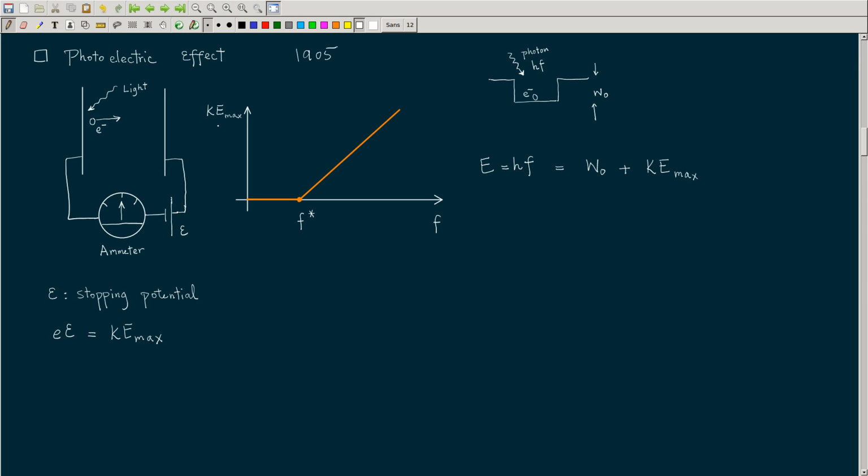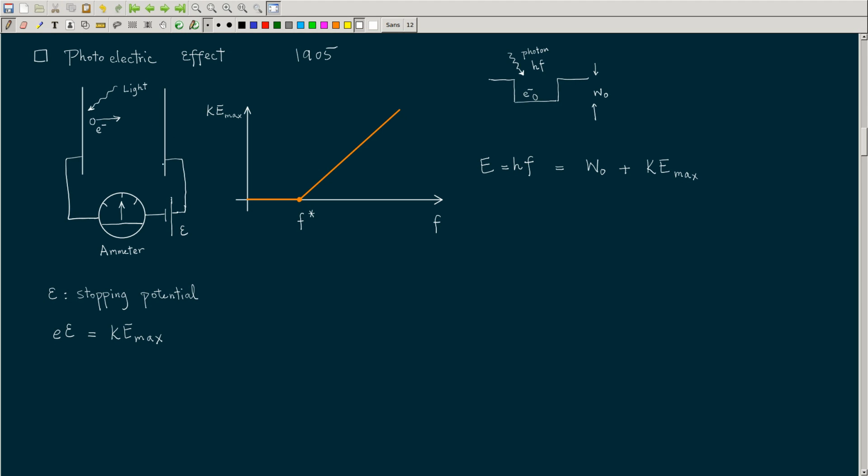In the experimental setup, to measure the maximum kinetic energy, which theory tells you is linear with respect to frequency, you put a battery here with EMF epsilon, which you can change, and tune it so that the current becomes 0.